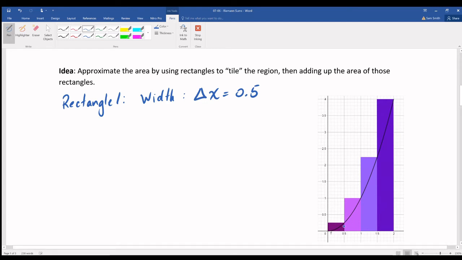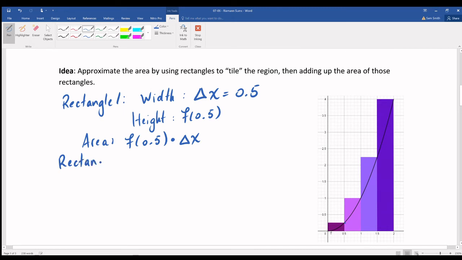Now meanwhile, the height of this rectangle is interesting because the upper portion of this rectangle actually is anchored to the graph of f of x at the point x equals 0.5. The height of this rectangle is f of 0.5. And so I could find the area of rectangle 1 by taking f of 0.5, the height of that little rectangle, and multiplying it by the change in x, by the width.